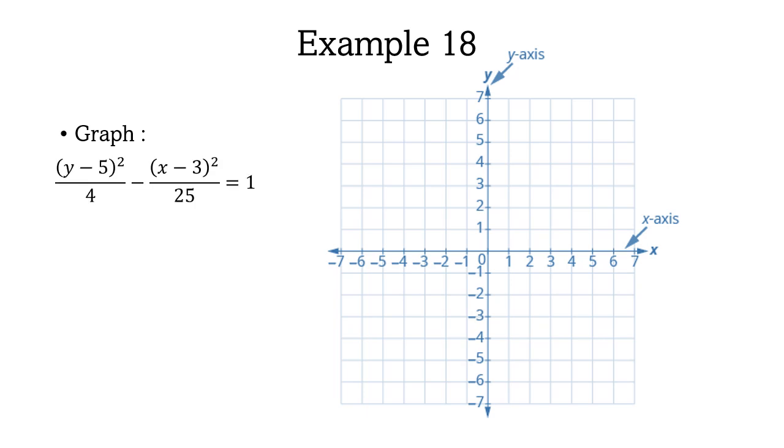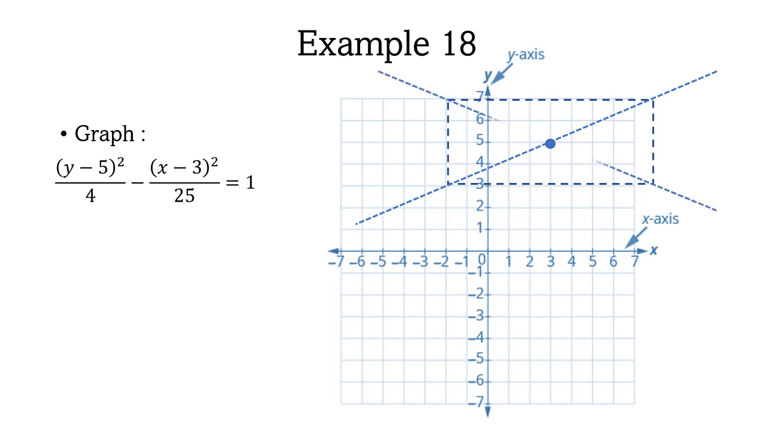Another example. So first we're locating the center, then from the center we're going 5 units left and right and 2 units up and down. We're drawing the diagonals of that rectangle.